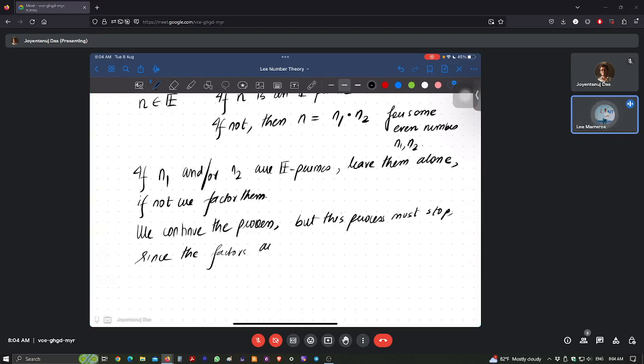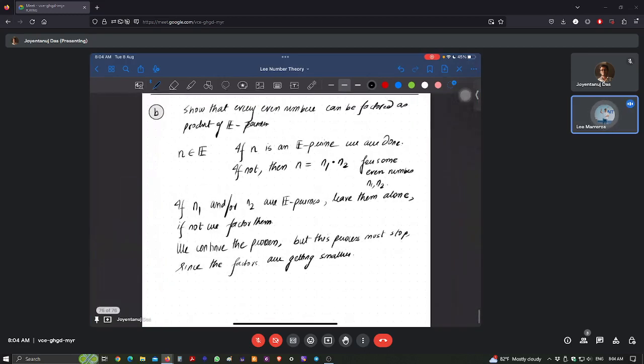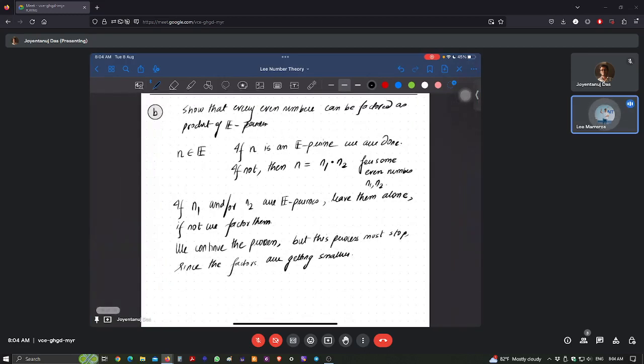I think there was a property. I don't remember exactly, but it was like if you have two numbers A and B, and C divides A or C divides B, then when you multiply A and B, C also divides the product.